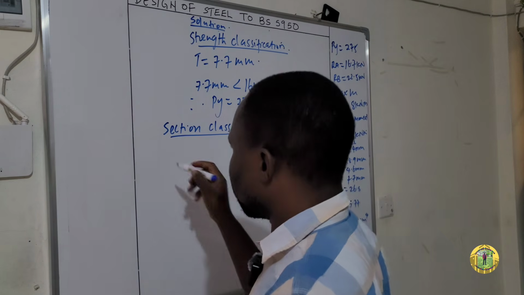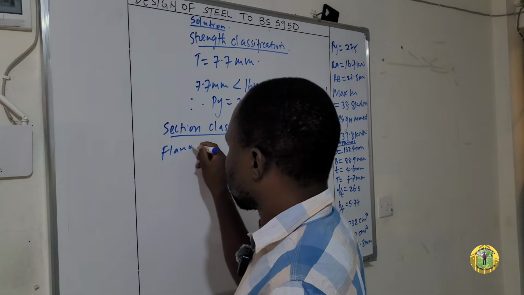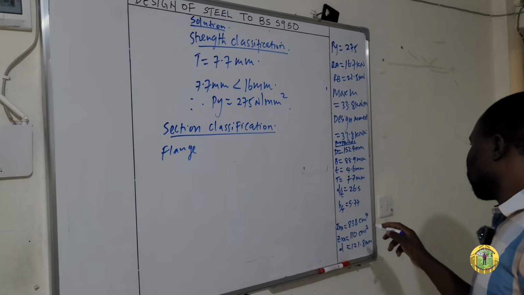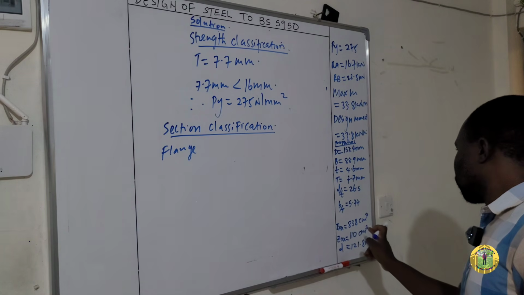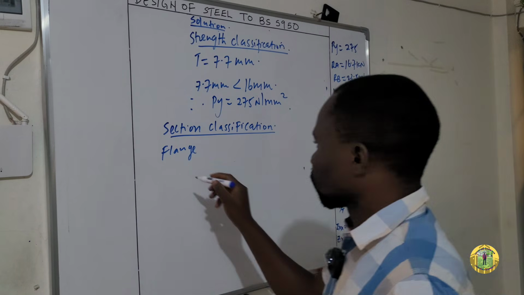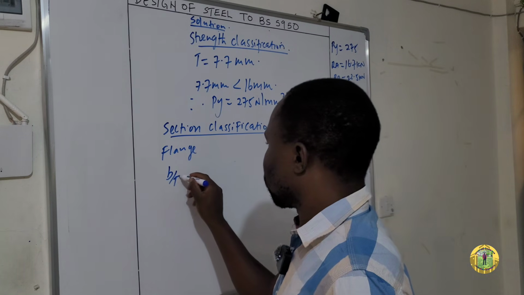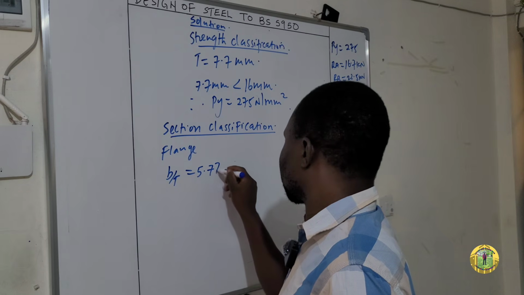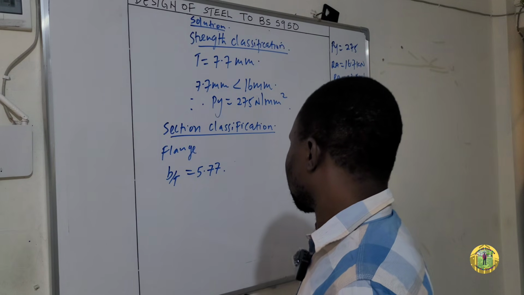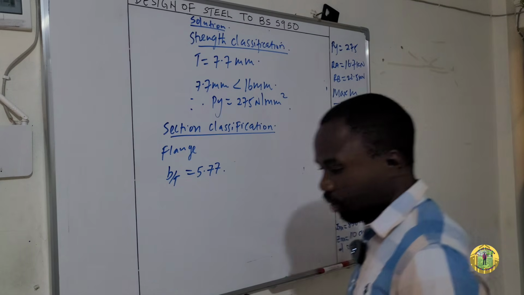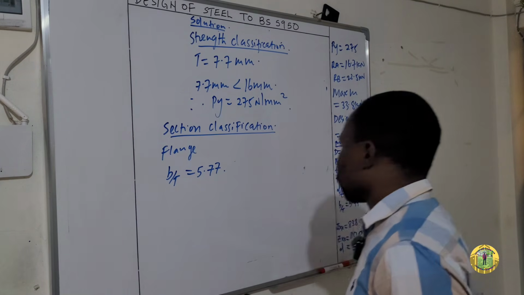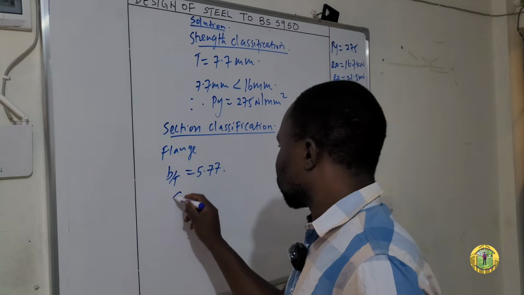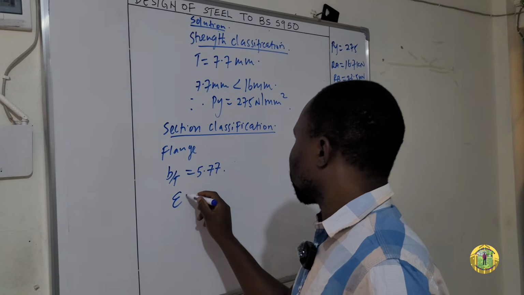So we'll begin with the flange. So for the flange we will use b over T. So b over T is equal to 5.77. So 5.77, if you check in the table, let's get this value for this formula.